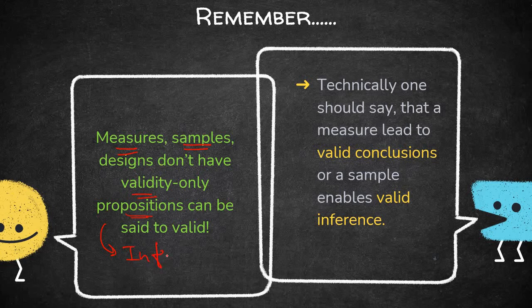Statements, inferences, conclusions could be valid or invalid. Your conclusions, your inferences, whatever you draw, could be valid or invalid, and your measures lead to them. So technically one should say that a measure leads to a valid conclusion or a sample enables a valid inference. That's perfect. But it would not be right to call a sample a valid sample or a measure a valid measure.